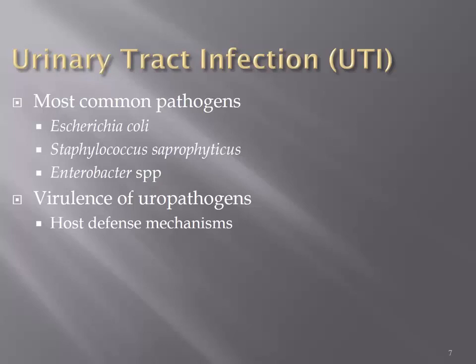So treatment. In a primary care setting, you may not opt for culture and sensitivity of urine, while in an acute care setting you definitely want to do culture and sensitivity.